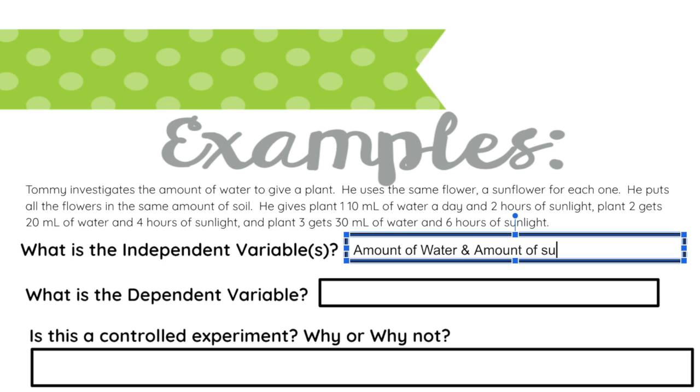Now the dependent variable is what's going to change in effect to changing the amount of water and the amount of sunlight each plant's given. Go ahead and think now about what you think the dependent variable is. Hopefully you're thinking the amount the plant grows, because the dependent variable is plant growth.